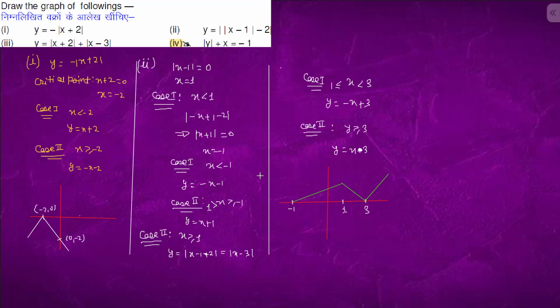And when x is less than minus 1, it is like this. This is 0 comma 2. This is the curve. We'll move to question number 3.